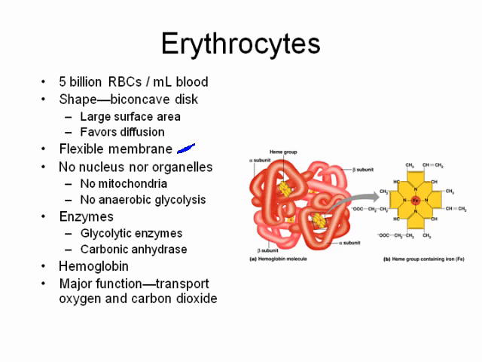The membrane is quite flexible. This is important because erythrocytes have to be able to bend as they move around through branch points in blood vessels, especially when they get into the capillary bed. They have no nucleus or organelles, no mitochondria. There is no anaerobic glycolysis going on in these cells.